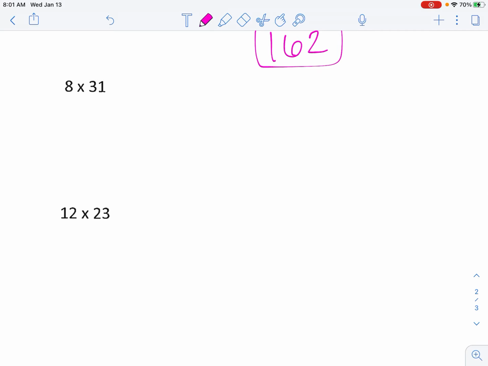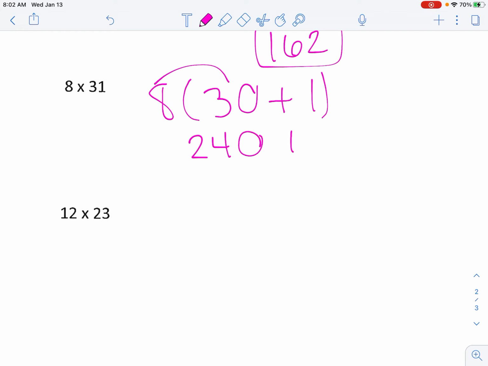We're going to break 31 down to 30 plus 1. And we're going to multiply each of those times 8. Well, 8 times 3 is 24. So 8 times 30 is 240. And 8 times 1 is 8. Add those two numbers together, we get 248.